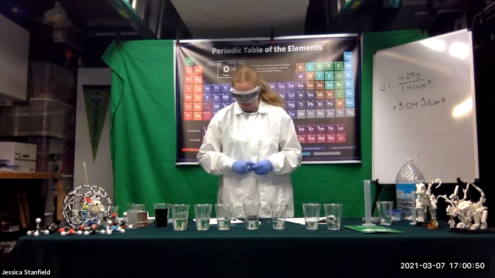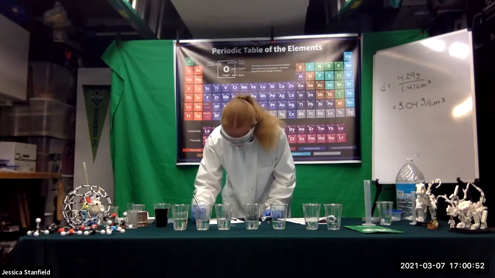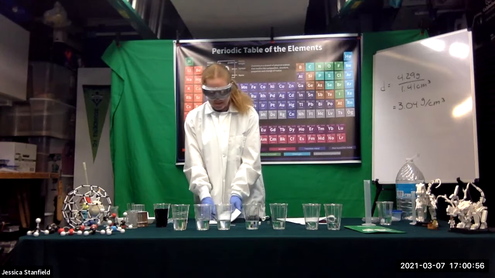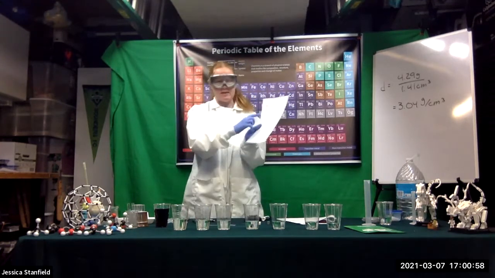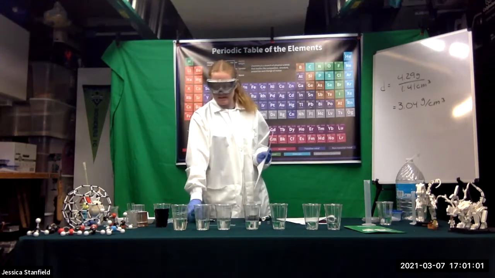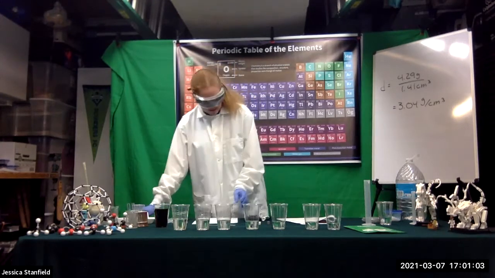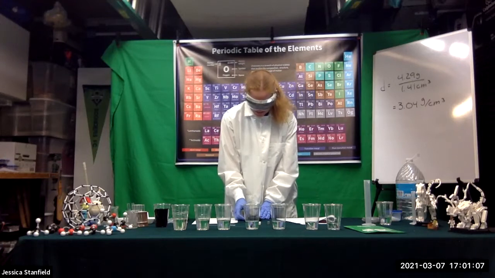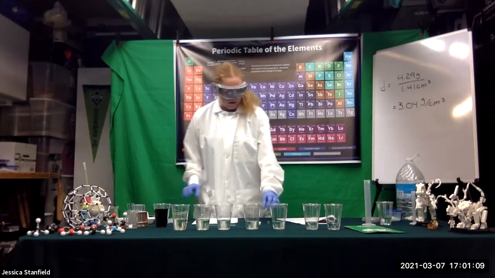And I can write that down in my density spot. Again, anything I fill out on my data table, I do in ink, and any of my calculations that I'm showing, I do in pencil. All right, so that is how we do the measurements for our objects.